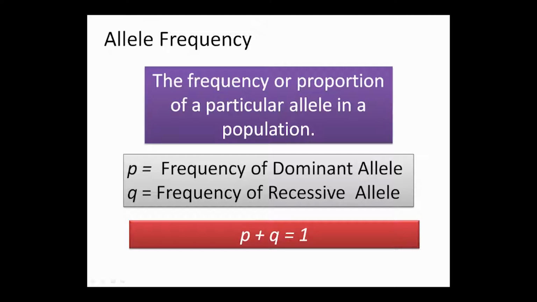Or in terms of percentages, the percentage of P plus the percentage of Q must equal 100%. But normally we just deal with frequency, which is the decimal form of how often it occurs in the population, not percentage.